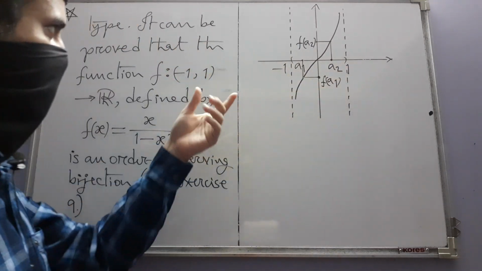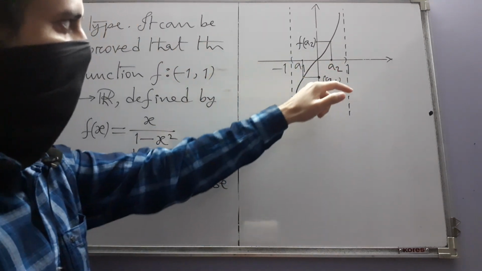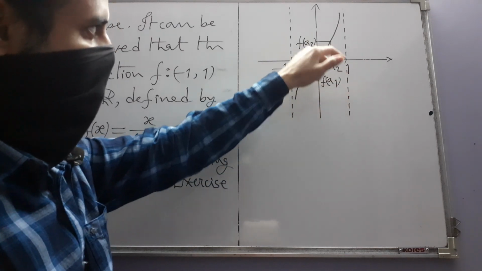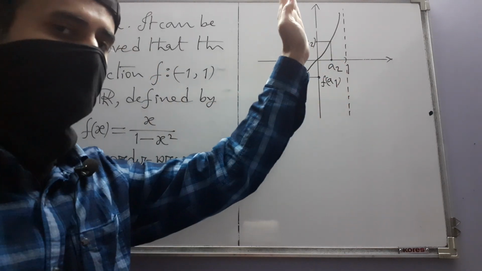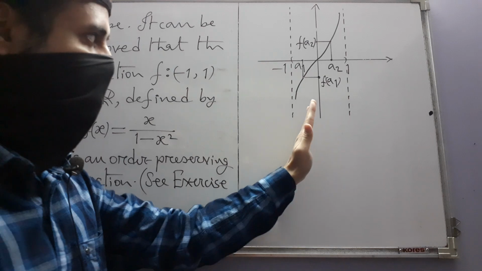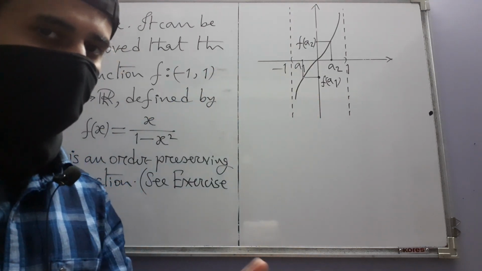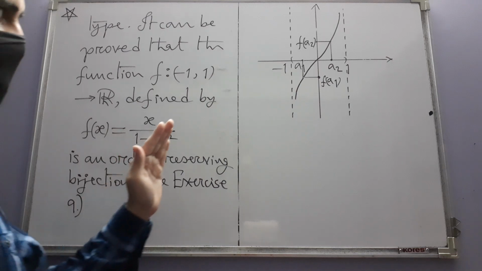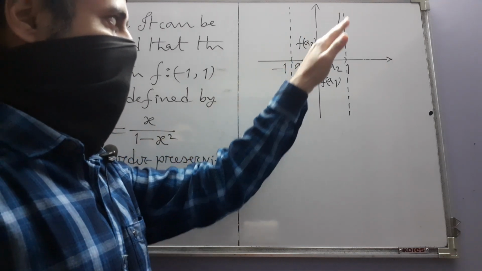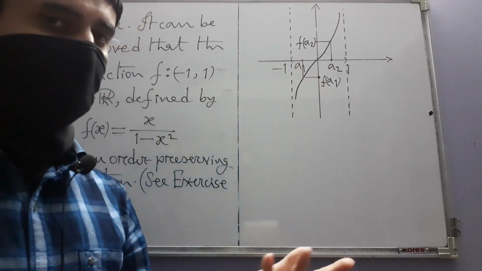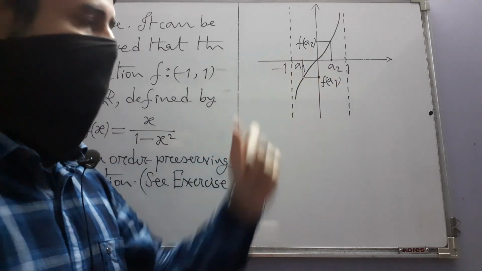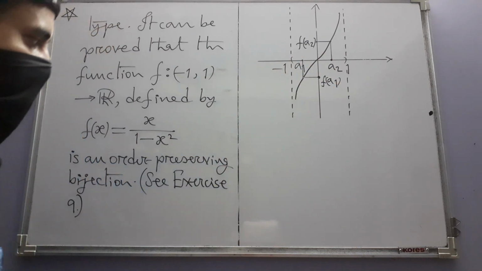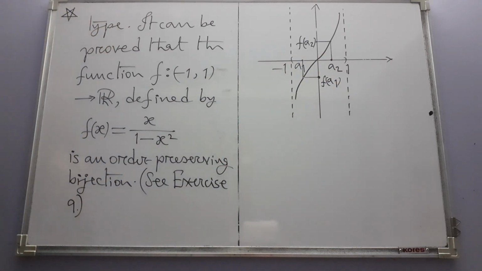A1 is less than A2 in this ordered set. f of A1 is less than f of A2 in this ordered set, which is R. This real line is R. I mean, geometrically it's R. So it's because the graph is going like this. You can roughly see that this is going to happen with any pair of points. That is why it's order preserving.